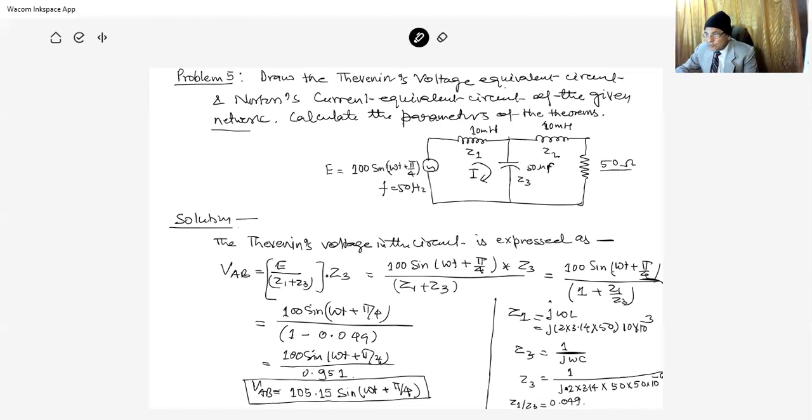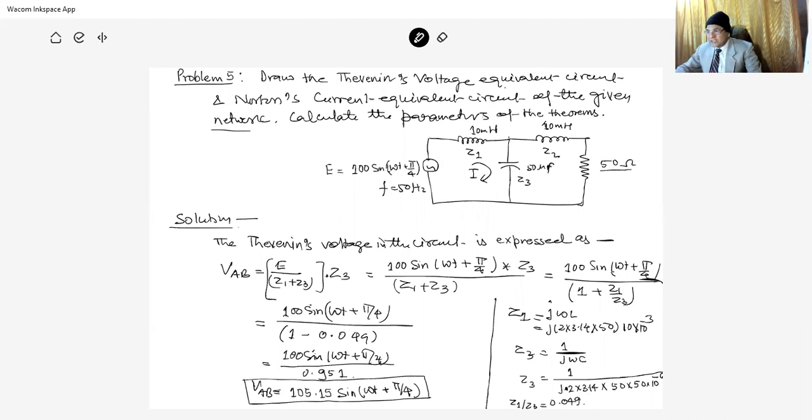Z1 is omega L, where omega is 2 pi f, f is 50, and L is 10 millihenry, so 10 into 10 to the power minus 3. Z3 is 50 microfarad, so it is 1 upon omega C with C is 50 into 10 to the power minus 6. So we have to consider Z1 by Z3.